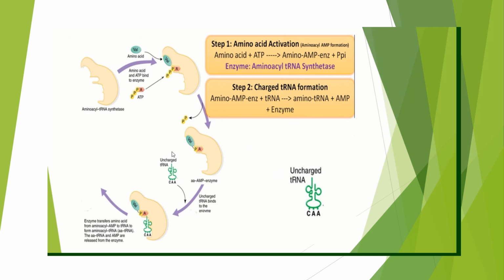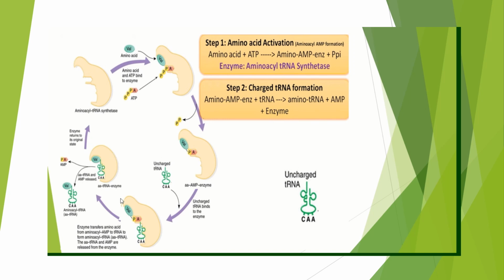We can see the uncharged tRNA binds to the active site of the enzyme, and this enzyme transfers the amino acid from aminoacyl AMP and forms aminoacyl tRNA. So this is the aminoacyl tRNA. After forming the aminoacyl tRNA, AMP is released and the charged tRNA with the amino acid is also released. So the process of joining tRNA with a specific amino acid is called tRNA charging.